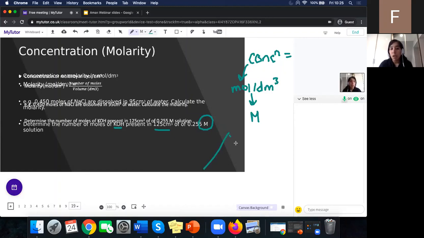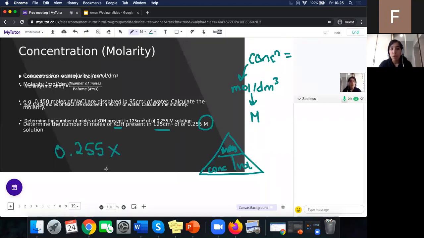So if we look at our triangle, concentration equals moles divided by the volume. So if we want the number of moles, we do the concentration times the volume. So the concentration is 0.255.